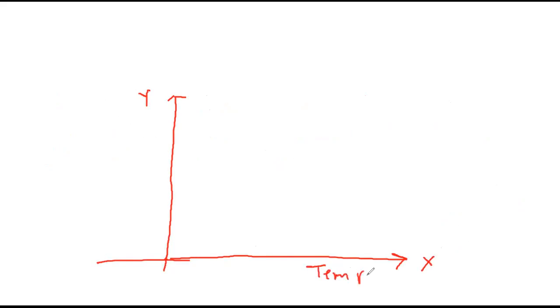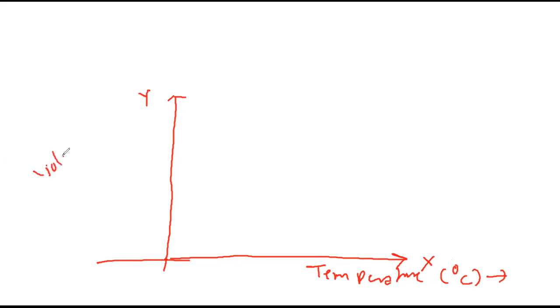This is which axis? Sir, y-axis. This is the y-axis. And what about this one? X-axis. Can I take temperature here? Yes sir. Temperature is in which unit? Degree Celsius. And here can I take volume?